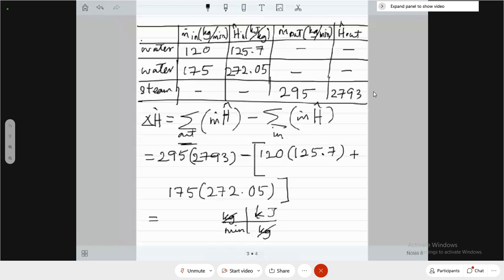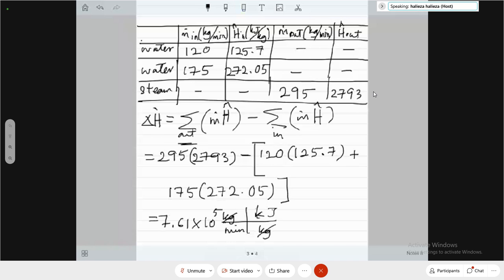Anybody? Did you get the same as the textbook? What did the textbook manage to get? 7.61 times 10 to the power of 5. Is it the same? Yes, same. Okay, that's done. That's the change in enthalpies.